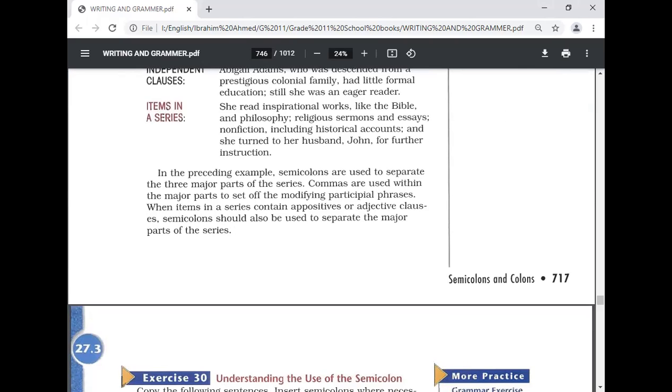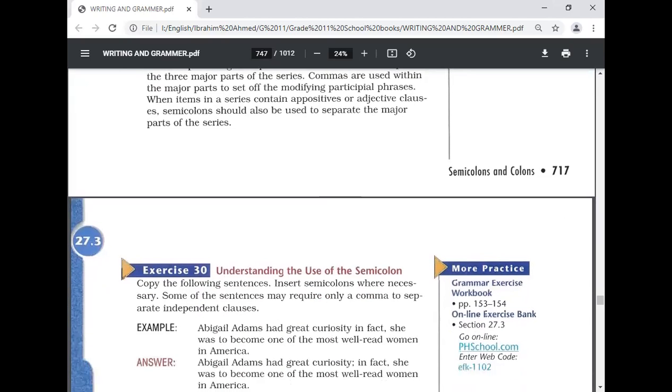Commas are used within the major parts to set off the modifying participial phrases. When items in a series contain appositives or adjective clauses, semicolons should also be used to separate the major parts of the series, like the example above.